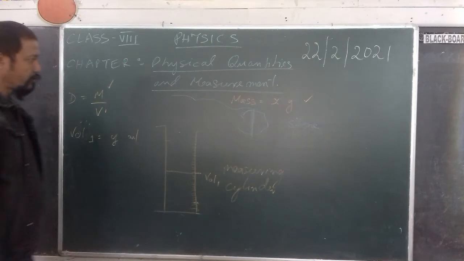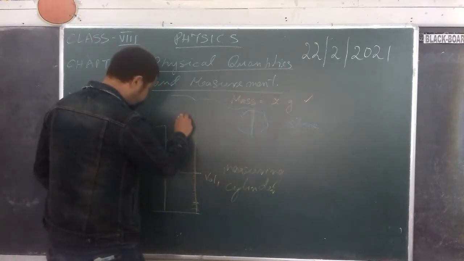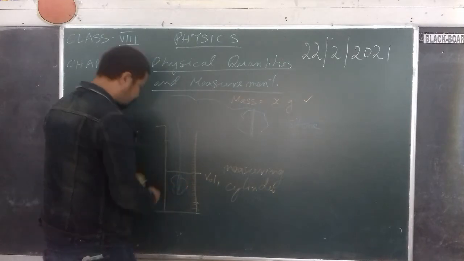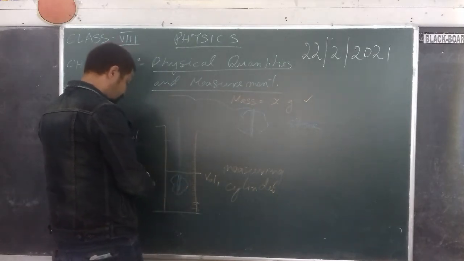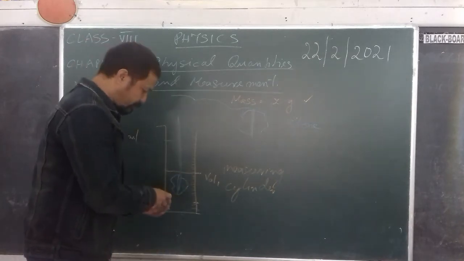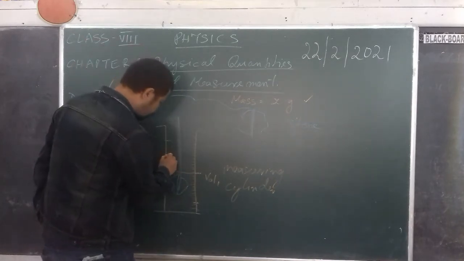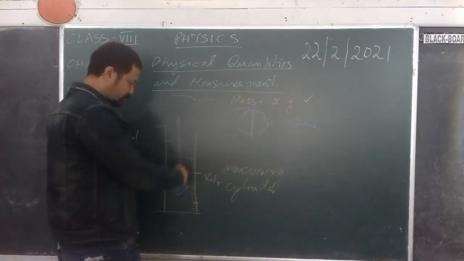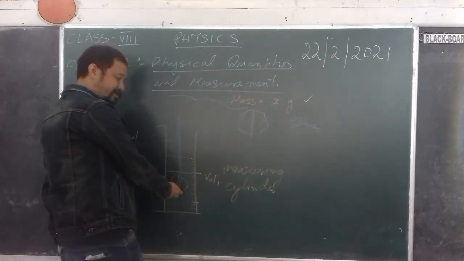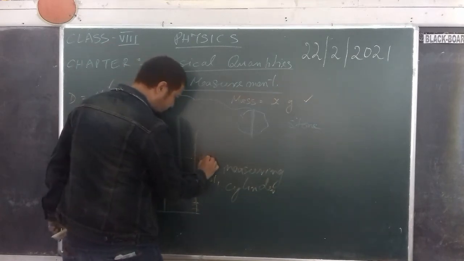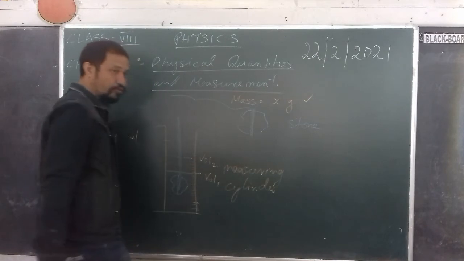Now you immerse the stone in the measuring cylinder which contains the water. Now what will happen? A new reading will come up, because when you put the stone inside the measuring cylinder, water gets displaced, so the water rises up. This becomes volume 2.